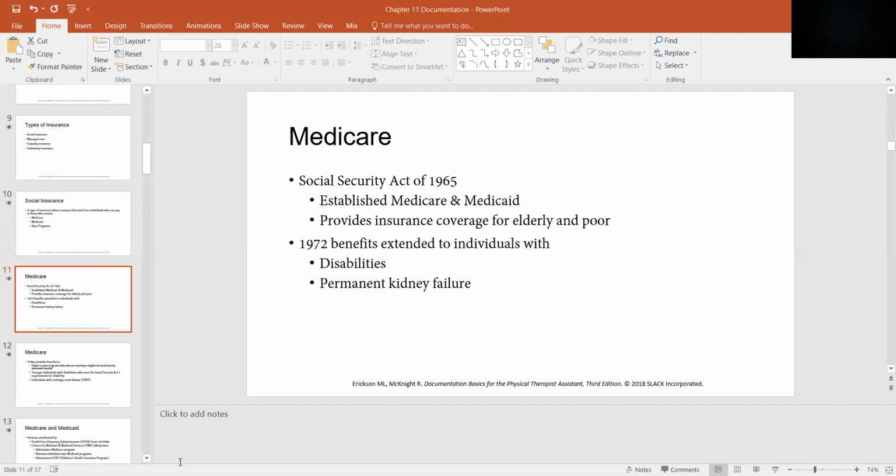So Medicare started because of the Social Security Act of 1965, and it is providing insurance coverage for the elderly and the poor. And then in 1972, it extended its benefits to those with disabilities or permanent kidney failure, and you'll see that as ESRD, end-stage renal disease.